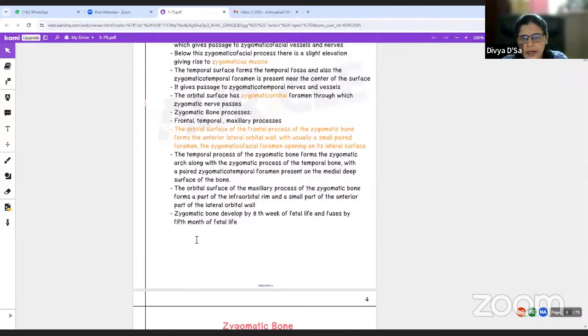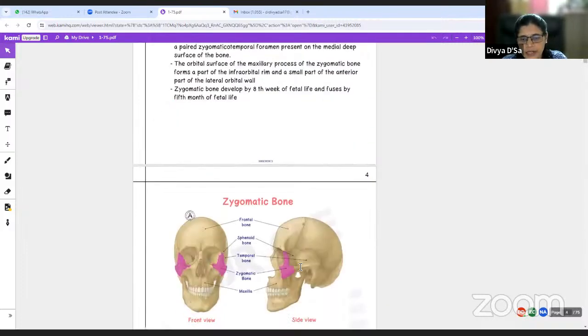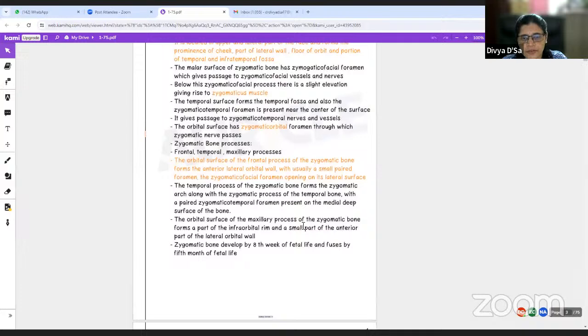And along with that, there will be small foramina there, called the zygomatico-facial foramina, which open on its lateral surface. The temporal process of the zygomatic bone forms the zygomatic arch along with the zygomatic process of the temporal bone. Both of them articulate together and form the zygomatic arch.